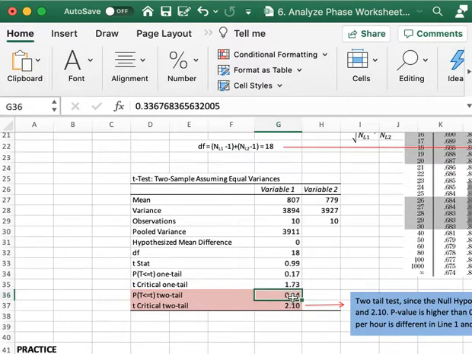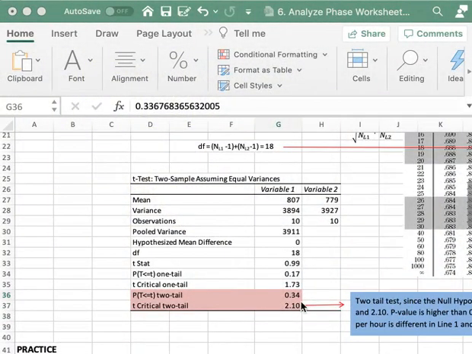Our t-test p-value here was 0.34. So 0.34 is higher than 0.05, so we cannot reject the null hypothesis. We can only reject if it's lower than. Okay? So basically, we're saying that the possibility is 34% that these actually have the same mean.